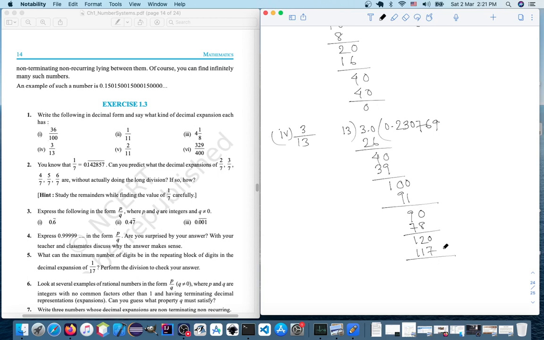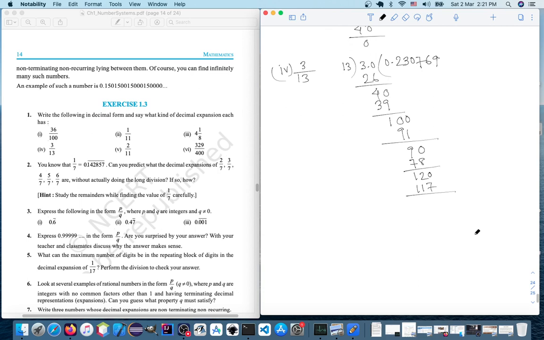Since 3 by 13 is a rational number, the decimal expansion should be either terminating or non-terminating recurring. As of now, it is not repeating. Let's do some more steps.